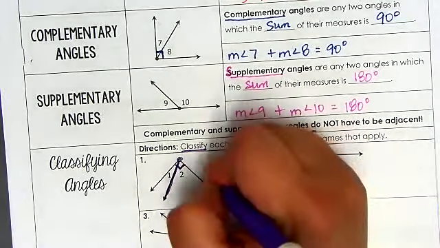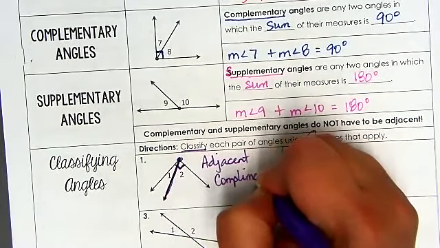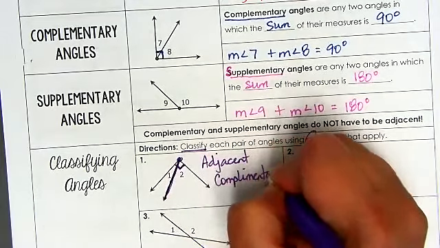So this one is going to be adjacent and complementary. Not all of them are going to have two names.